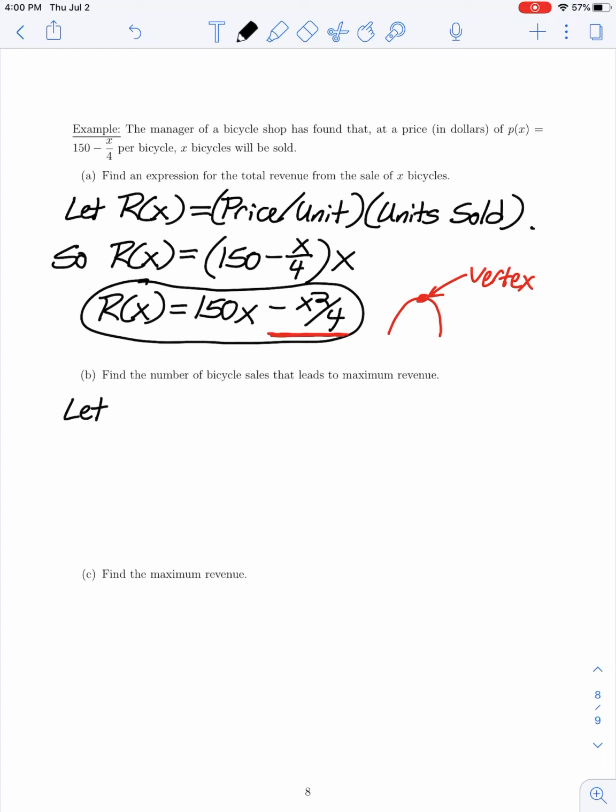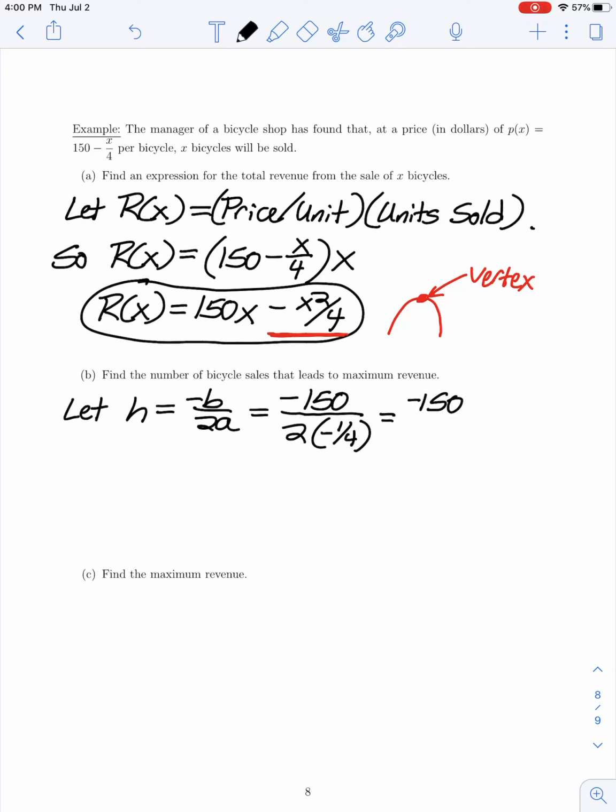So to find the vertex of a parabola, or the x-coordinate of the vertex, we take h as negative b over 2 times a. So here we have negative b, which was 150, divided by 2 times a. Now we've already said that a was negative 1/4.